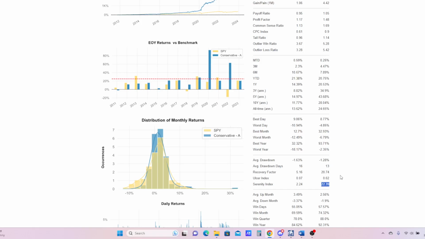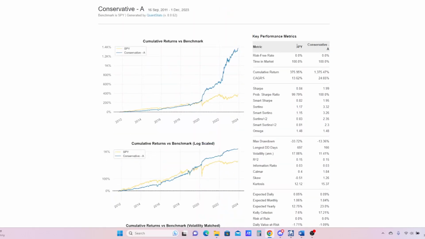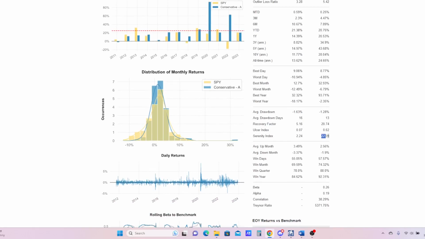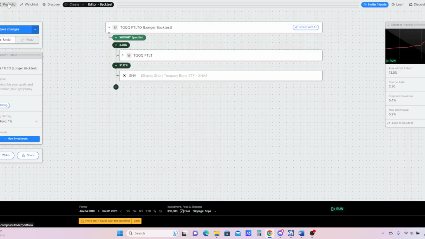I'm not really sure how to word it, to be honest. But if you look at the Serenity of the conservative one versus the S&P, you can see that they're way different. The Serenity on the conservative one is much higher than the S&P. This is just buy and hold S&P, and the Serenity is basically 2.